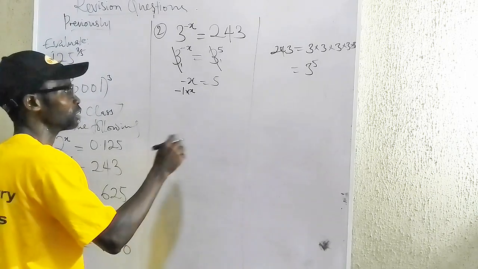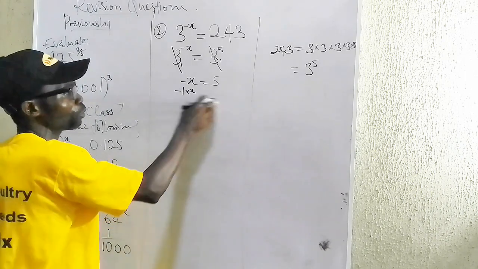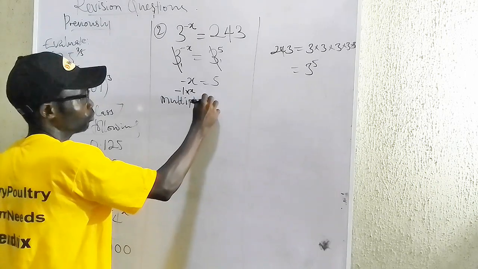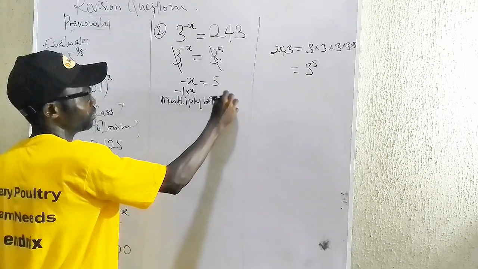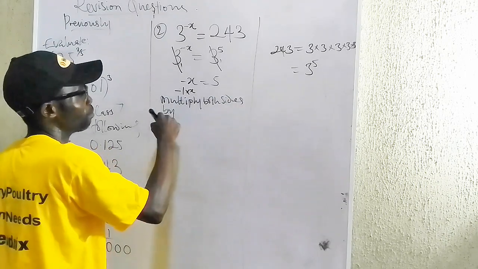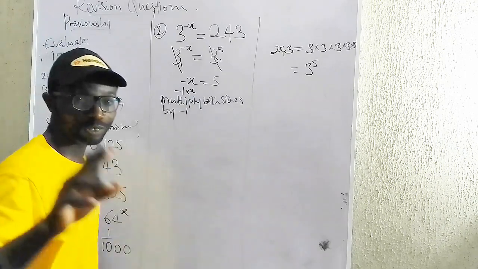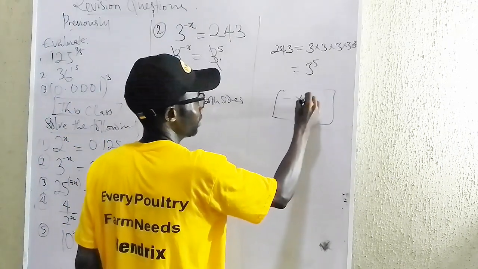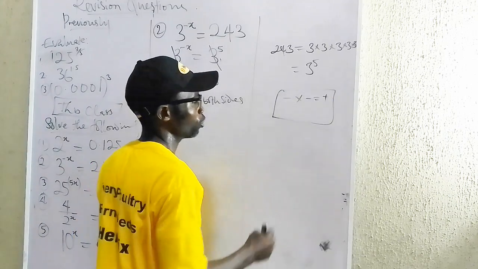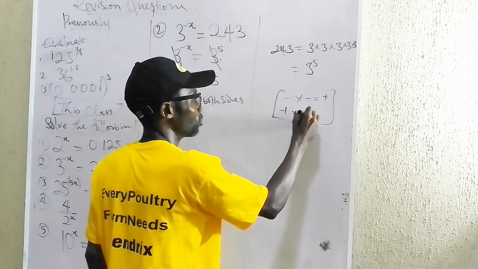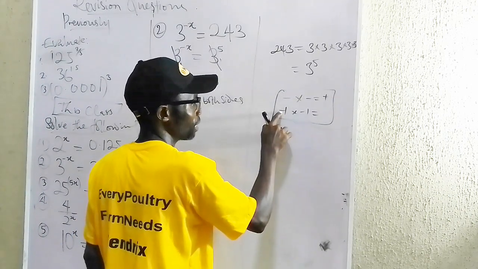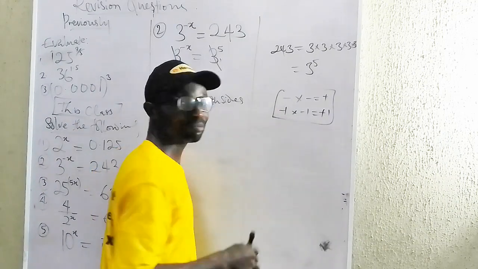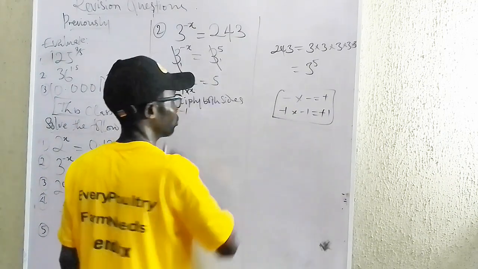So you now multiply both sides by minus 1. The whole reason is this. Remember what we talked about, that minus times minus gives you plus. So when we have minus 1 times minus 1, it's going to give us plus 1 times 1, which is 1.